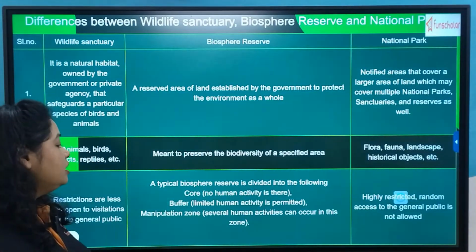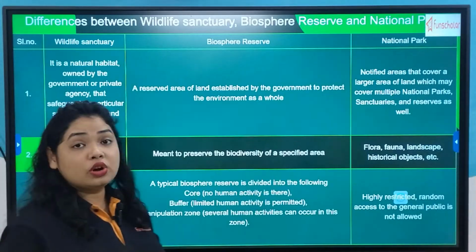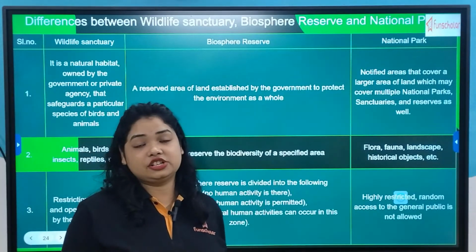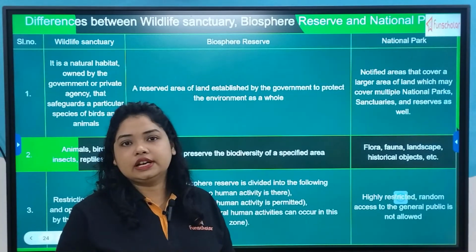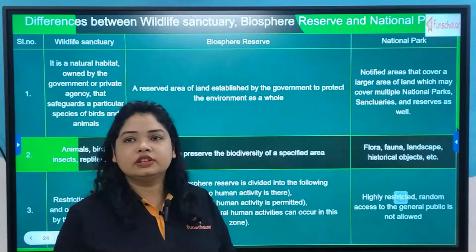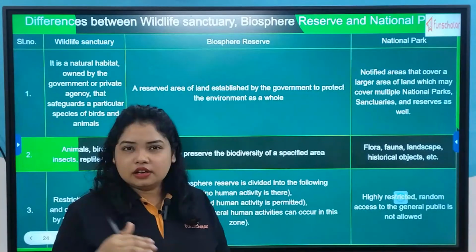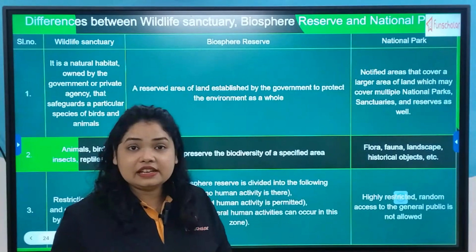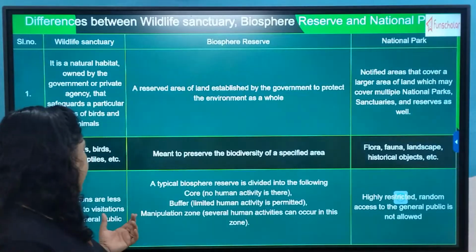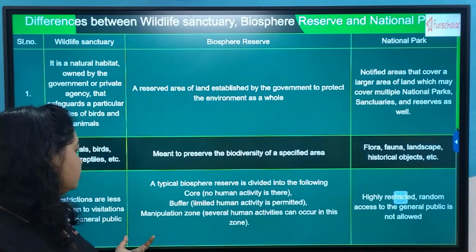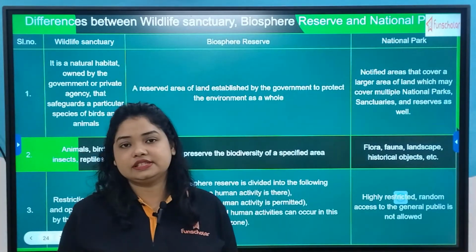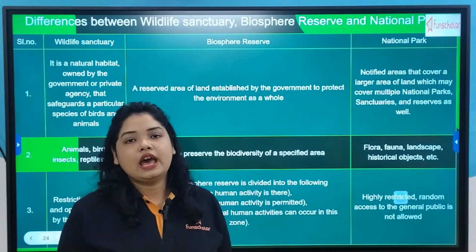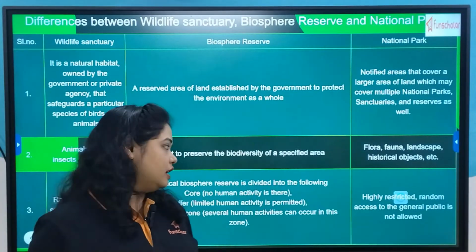In the buffer zone, limited human activity of the local people is allowed, such as collection of timber or medicinal herbs or twigs, or other activities such as grazing. And then in the last zone, that is the transition zone or manipulation zone, sustainable human development activities such as agriculture, tourism and all these activities are allowed.